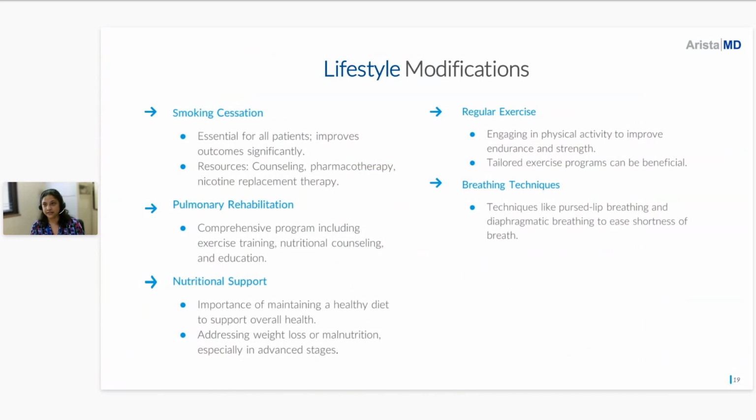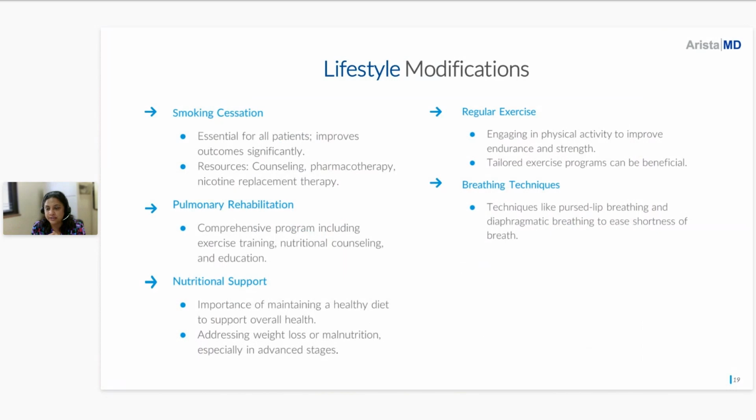There are some lifestyle modifications that should also be considered in patients besides the smoking cessation that we already talked about. Pulmonary rehabilitation can be very helpful for patients with symptomatic COPD. Generally, insurance will cover it for moderate to severe COPD.